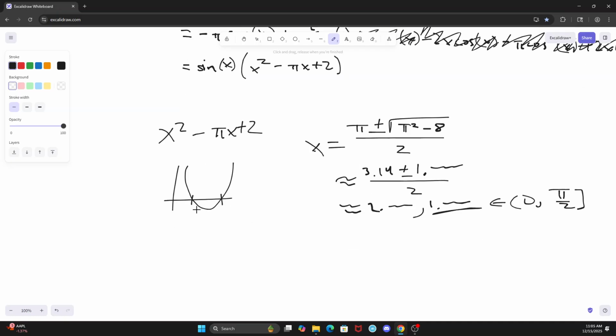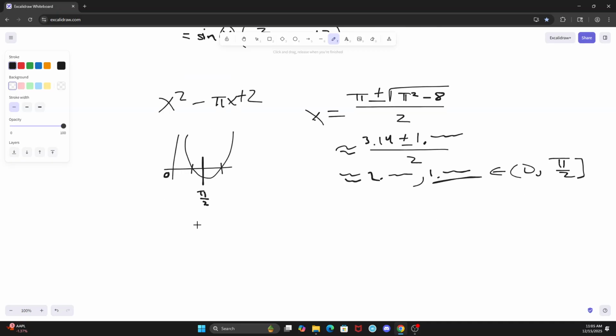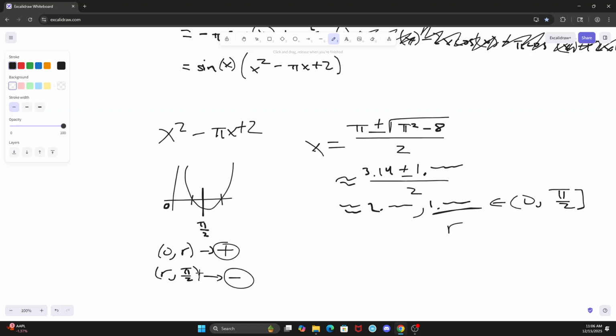So in our model here, or graph here, we have 0 to, let's call this pi over 2. So we have that from 0 to, let's call this root r, from 0 to r, g prime is positive, and from r to pi over 2, g prime is negative.